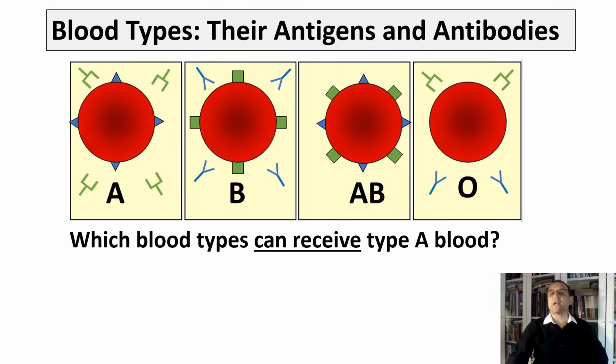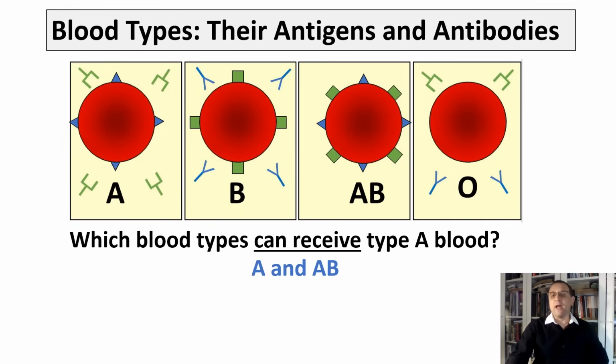Which blood types can receive type A blood? Please pause the video before you are sure of your answer. And the answer is A and AB. Why? Because a person with blood type A will not produce antibodies against its own blood type.